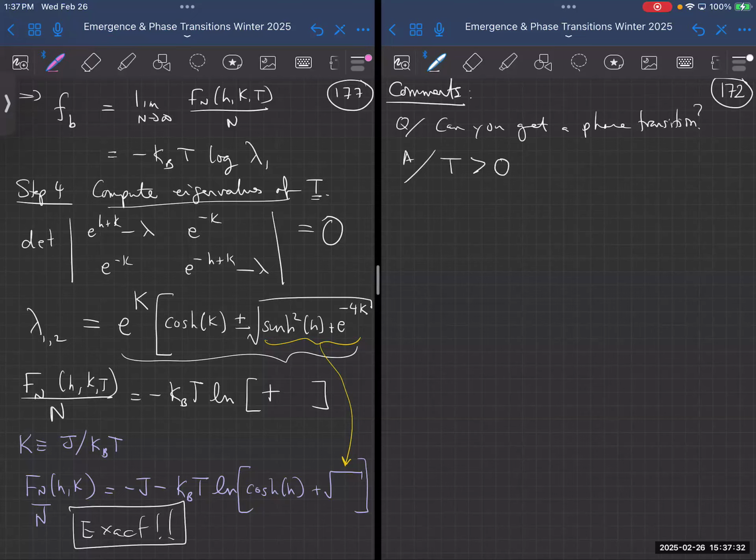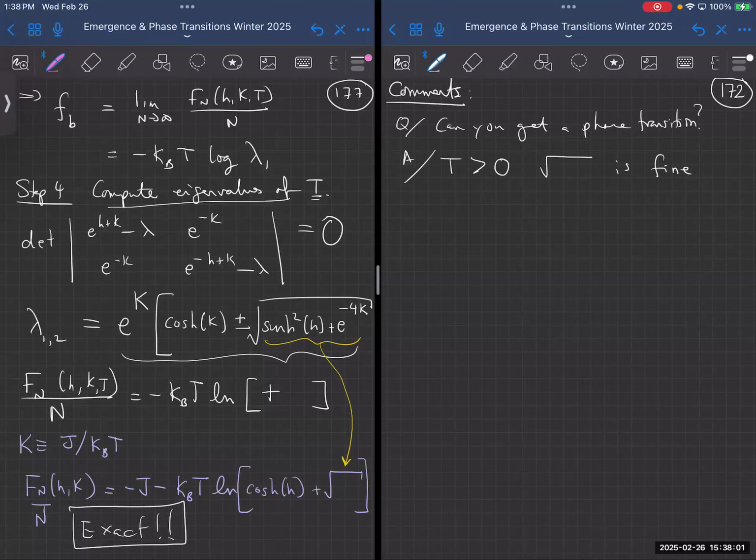If T is greater than 0, then the argument of the square root is always positive. So I can compute that as long as h and k are real, and they are. So inside the square root is some function, sinh squared h plus e to the minus 4k. Nothing wrong about that. Add them up, get positive numbers, take the square root, nothing weird there.